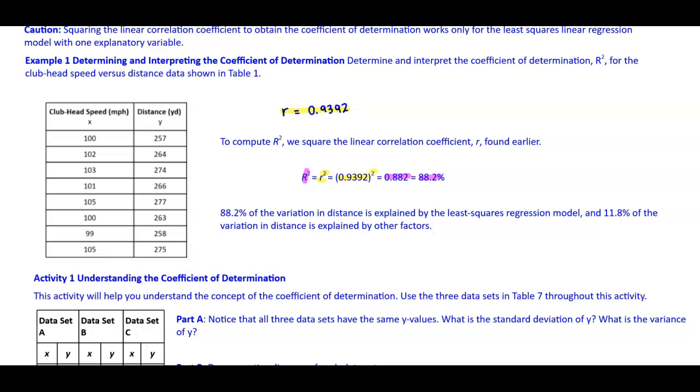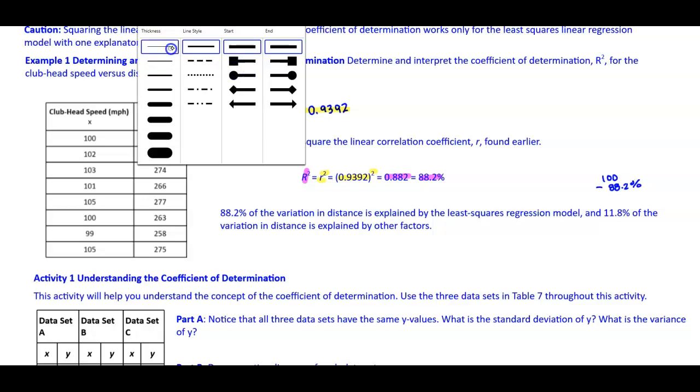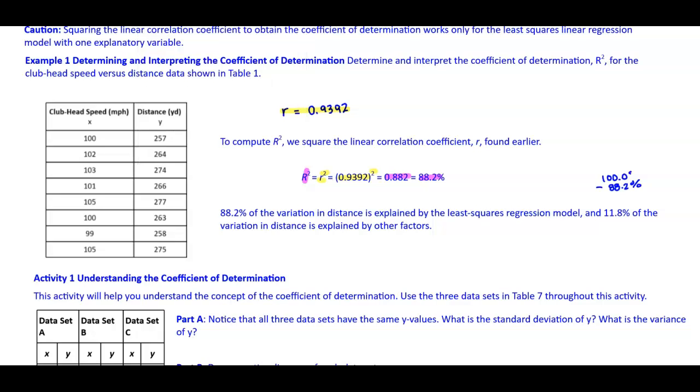We would say that 88.2% of the variation in distance is explained by the least squares regression model, and the rest, meaning 100.0% minus 88.2%, gives us 11.8%. And that means 11.8% of the variation in distance is explained by other factors.